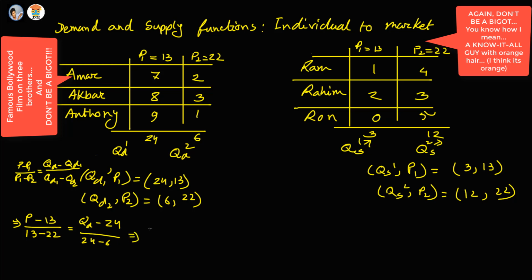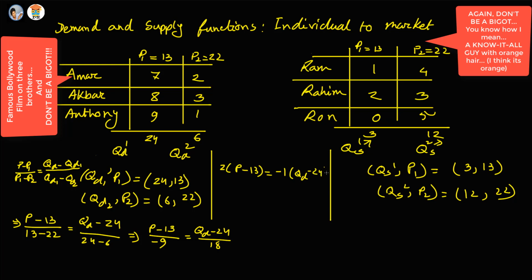From here we can find P minus 13 divided by minus 9 is equal to QD minus 24 divided by 18. From here we can say 2 into P minus 13 is equal to minus 1 into QD minus 24. So this will be twice P minus 26 is equal to minus QD plus 24. So therefore we can write QD is equal to 50 minus twice P.